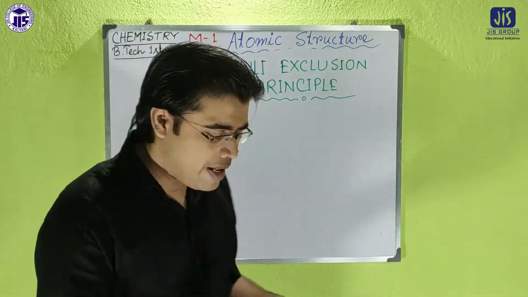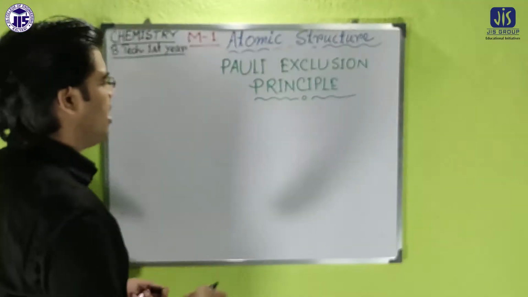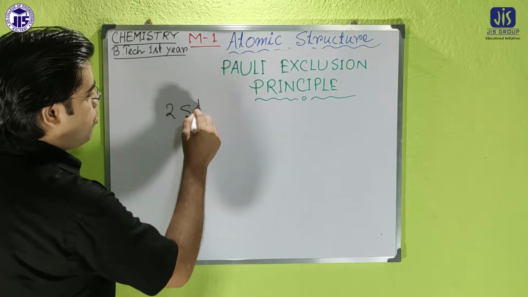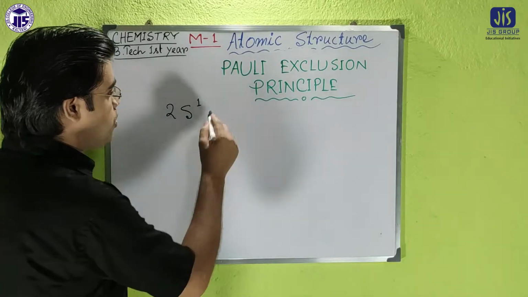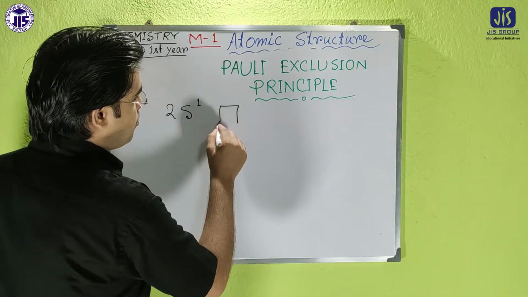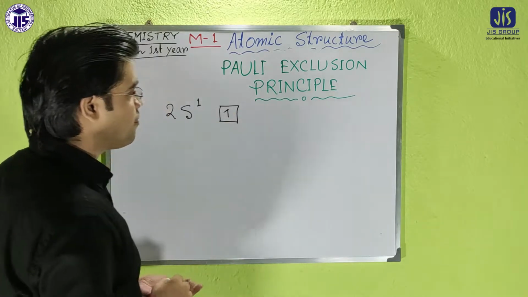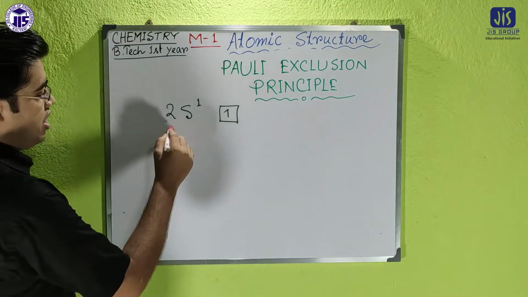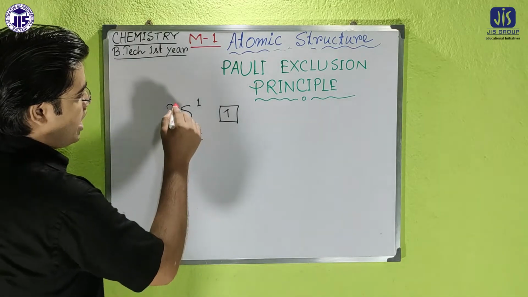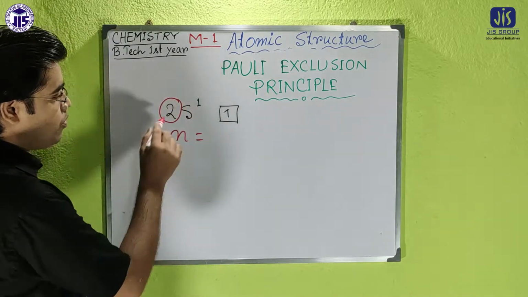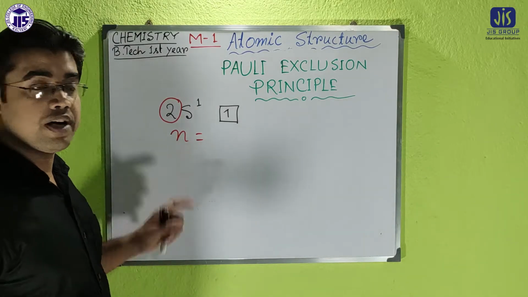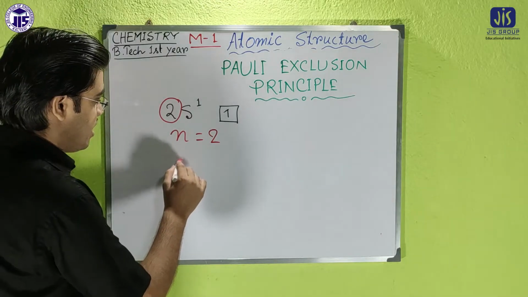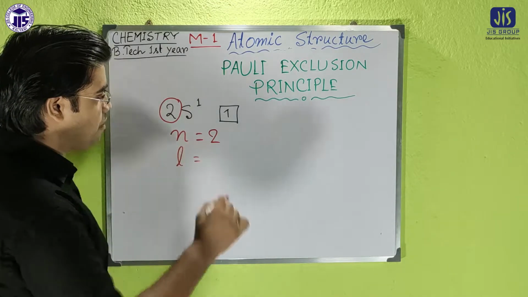So now today, if we consider any particular electron like 2s1, then we can write down in that way. If it is the first electron, then n equals to 2. This is the principal quantum number.